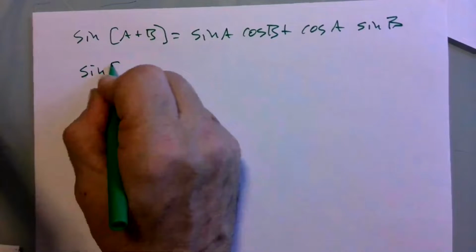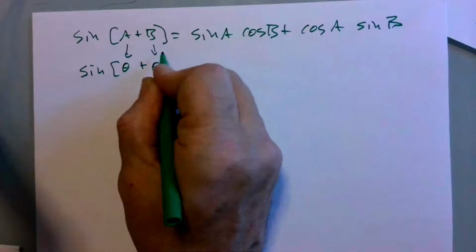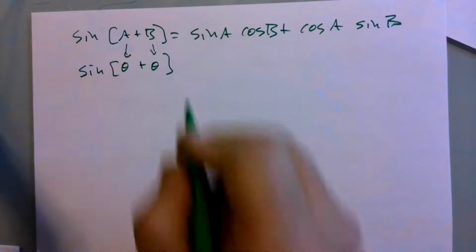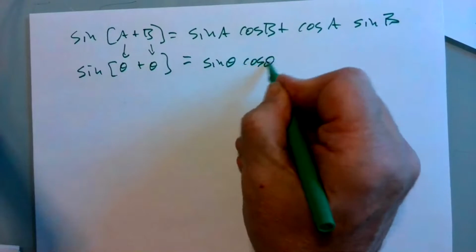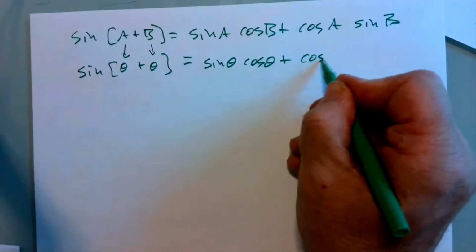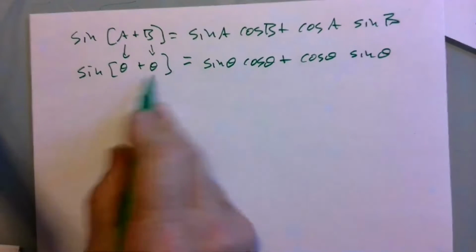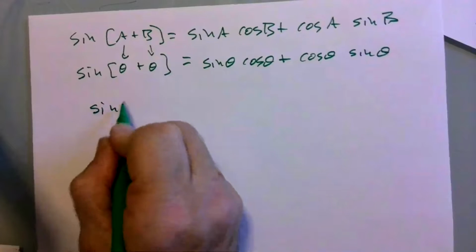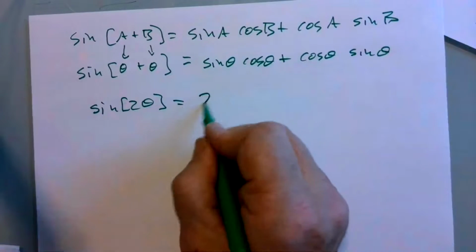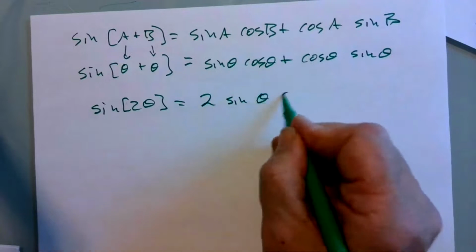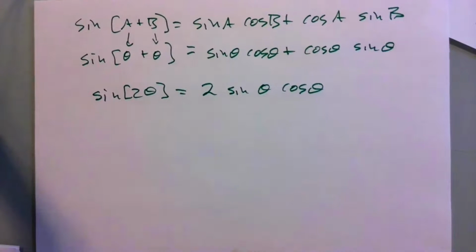So now I have sine theta plus theta is equal to what? Sine theta cos theta plus cos theta sine theta. The left-hand side, sine of theta plus theta, sine of 2 theta, is sine cos plus cos sine. That's 2 sine theta cos theta. So that's how we prove that double angle identity for sine.